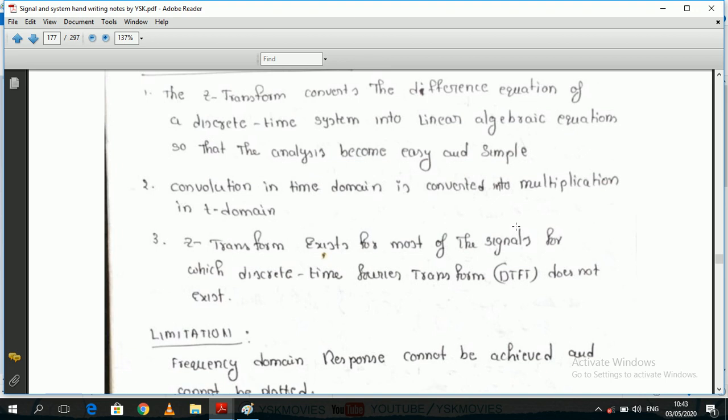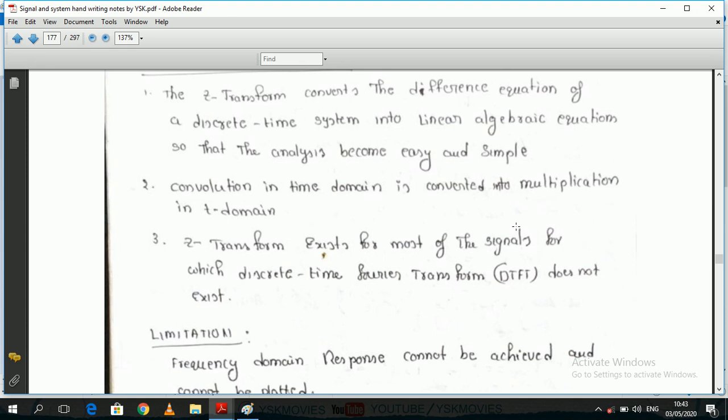You should understand that a difference equation is nothing but x of n minus 1, x of n minus 2, y of n minus 1 plus y of n minus 2 plus y of n minus 3. This is called a difference equation. A differential equation is nothing but dy of t by dt, dx of t by dt. This is called a differential equation. So you should know the difference between a difference equation and a differential equation.